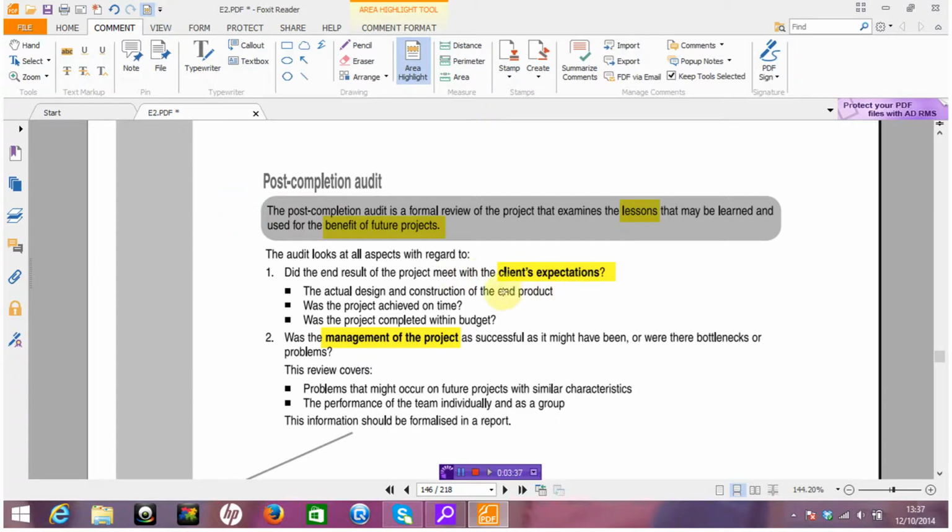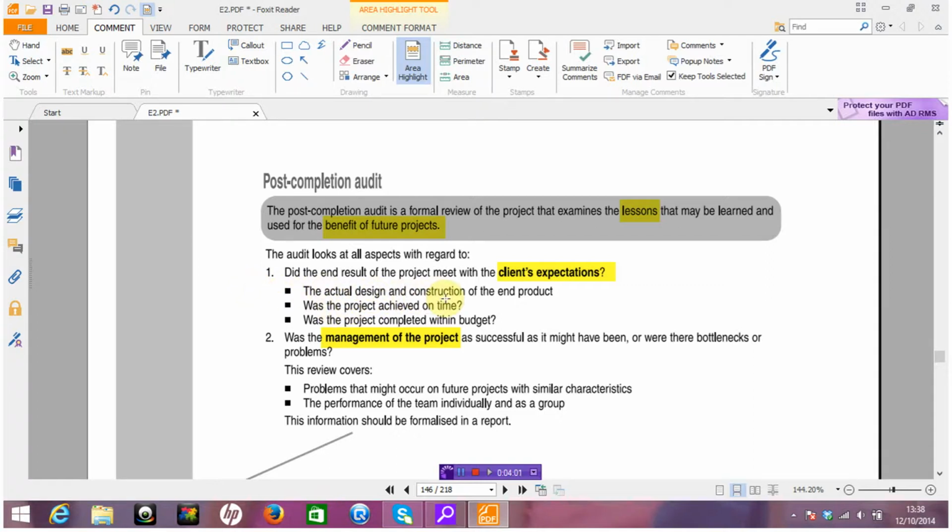This area of audit will be split into two main areas. The first one is this idea of the client expectations. I'd refer you back up to the completion report when we talked about what the deliverables were. What did the client expect? Indeed, what did we expect? And has the project been completed in line with those expectations? So first area we look at, the design and construction.